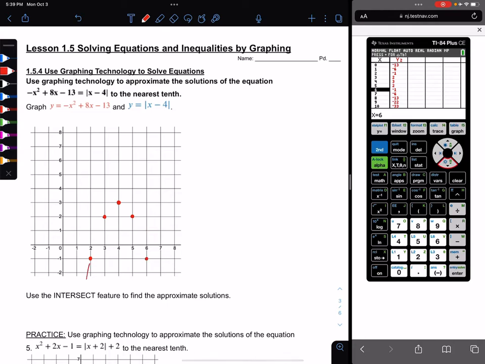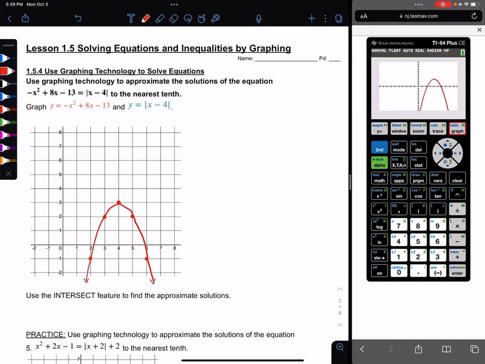So I'll connect these dots, shape a parabola. It doesn't have to be perfect, and that's what our parabola will look like. Okay, so we have our first half of our graph. Again, the graph will look like that, which is what we have drawn, so that's good.